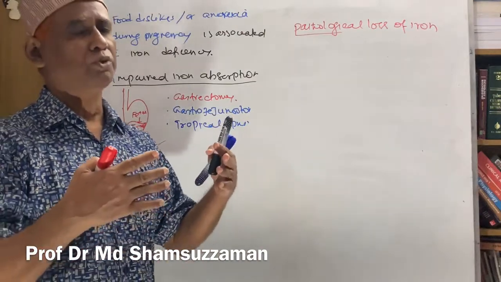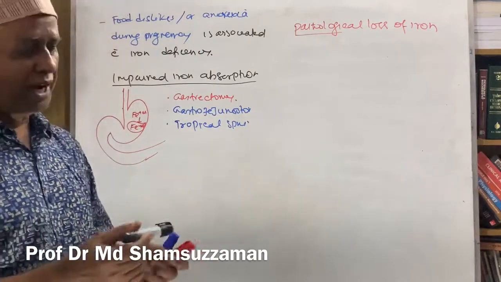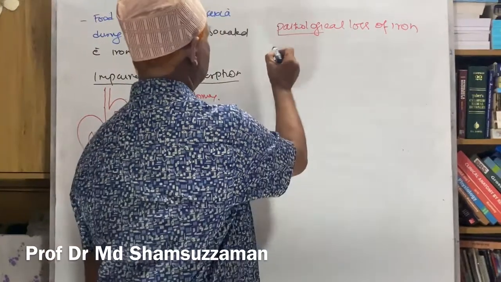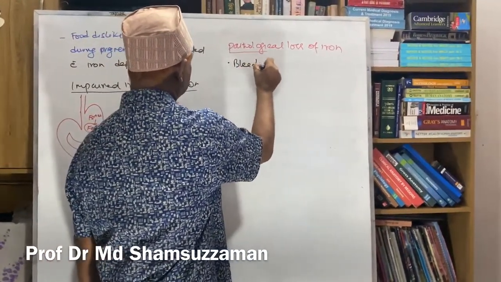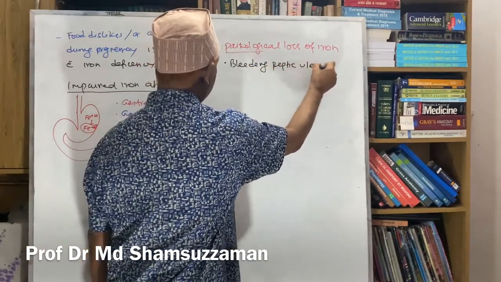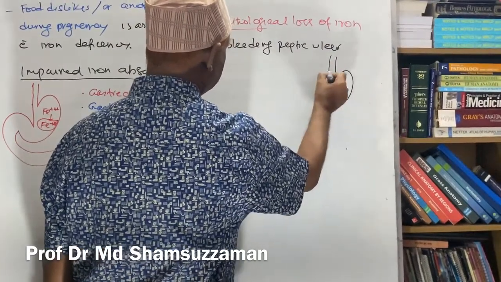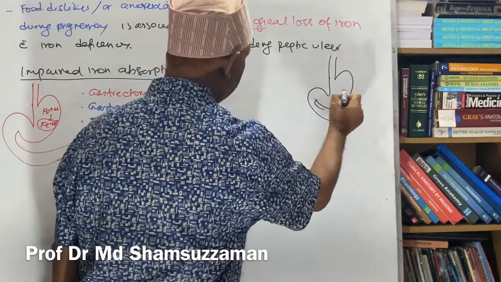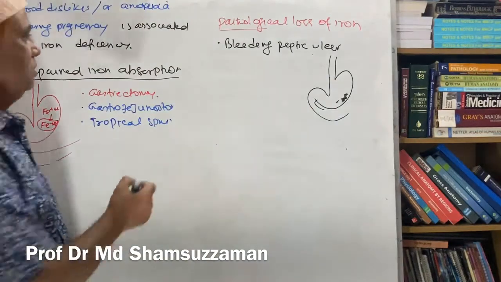Due to some sorts of diseases, iron is lost from the body, and that is associated with iron deficiency anemia. What are the different causes of pathological loss of iron? Bleeding peptic ulcer. If anybody suffers from gastric ulcer in the stomach and the ulcer bleeds, it will lead to iron loss.